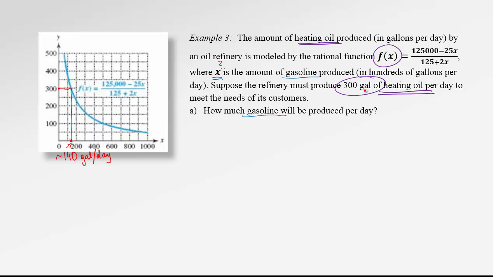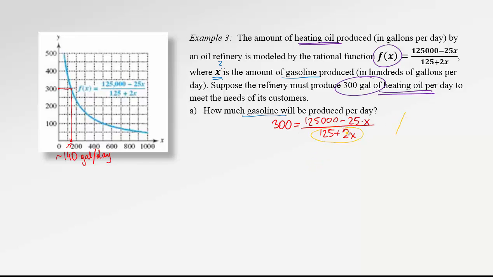Our f of x is really 300, so we can write 300 equals and copy the formula. That's a lot of numbers here. Times x, right? Over 125 plus 2x. Great, we need to solve for x, and x is on 2 different levels. So the first thing to do would be to get rid of this denominator.